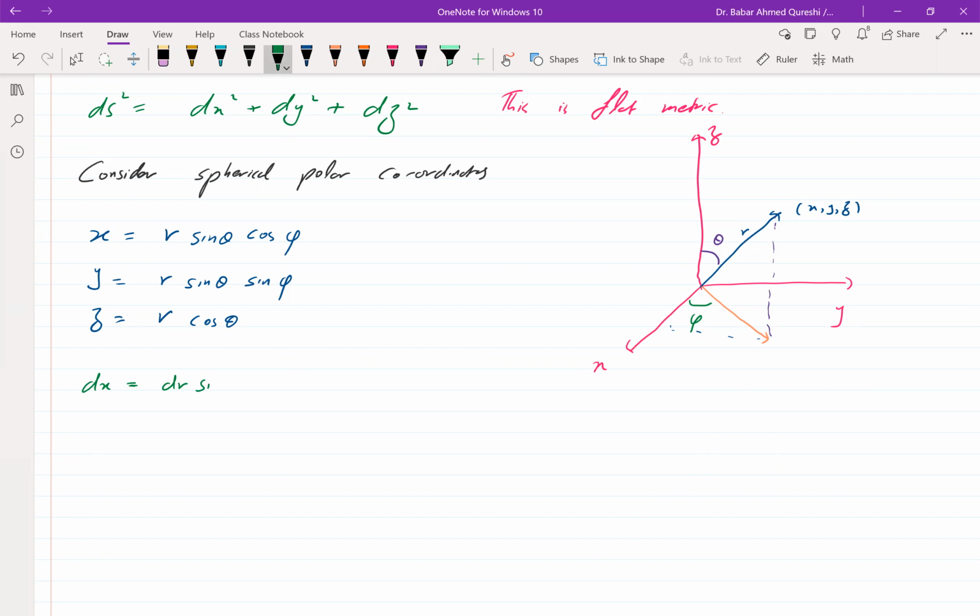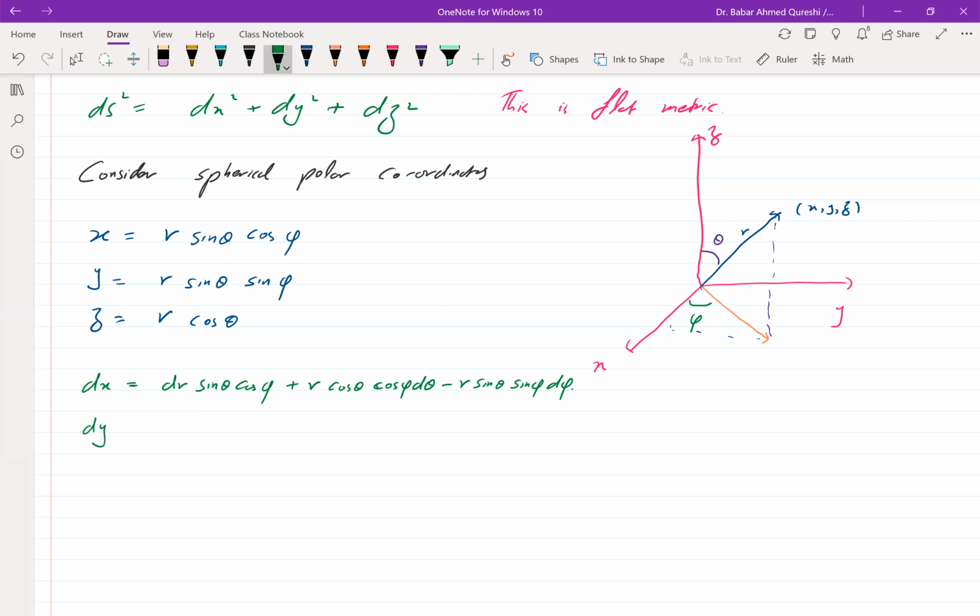I get sine theta cosine phi dr plus r cosine theta cosine phi d theta, and then minus r sine theta sine phi d phi.